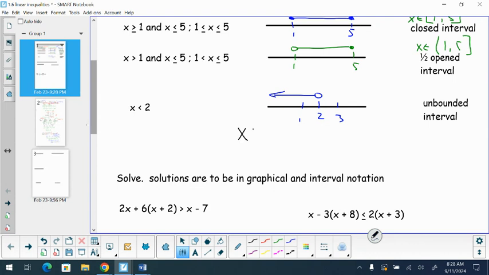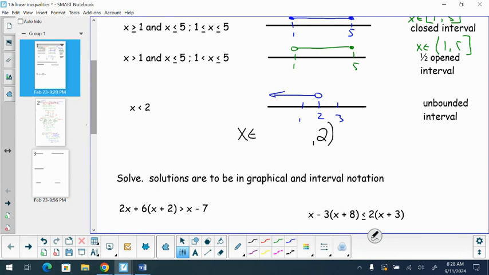So we still have x as a member of. We have a value of 2 there. This is going to be a parenthesis or bracket. Parenthesis because it's an open dot. So we're going to put a parenthesis here. But we're going towards negative infinity and beyond.